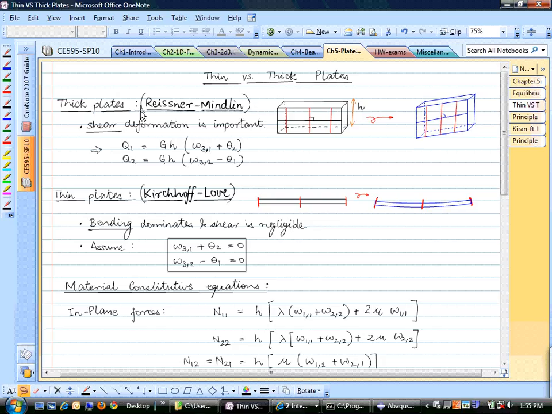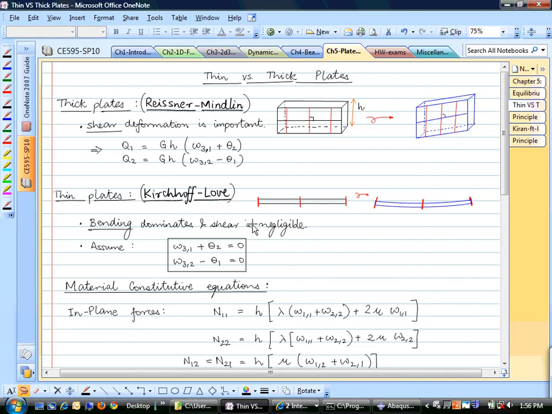Thick plates, where the thickness of the plate is comparable to the dimension of the plate, in those situations the shear deformation is important. So you can imagine if these are the two adjacent faces of a plate, if you have this type of deformation, that's a shear mode. If you have this type of deformation, that's a bending mode.